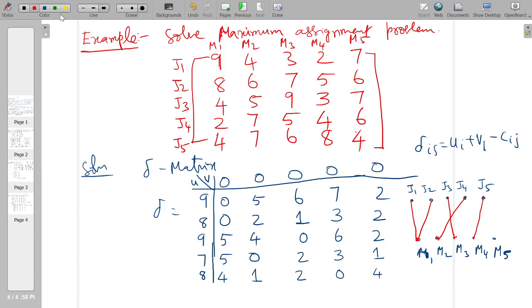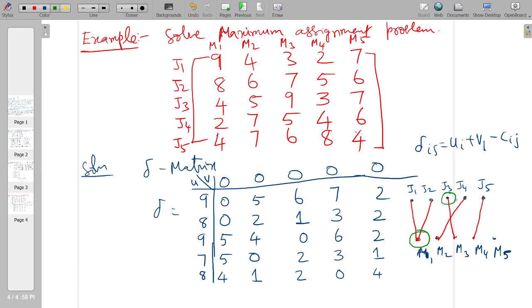So now I have to select the vertex cover. Naturally I have to choose M1 because I have 2 edges incident with it. Now for the edge J3 and M3, I can select either J3 or M3.